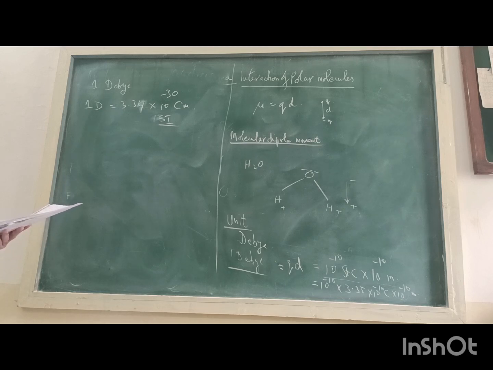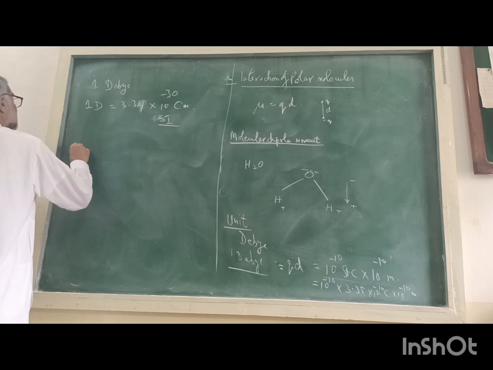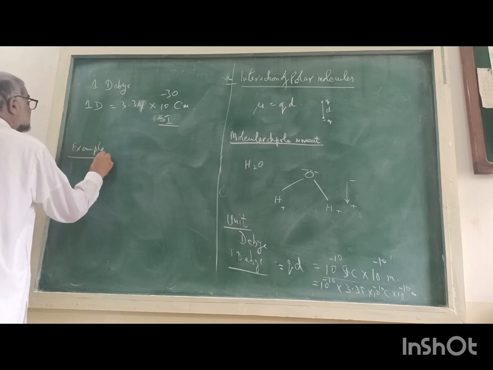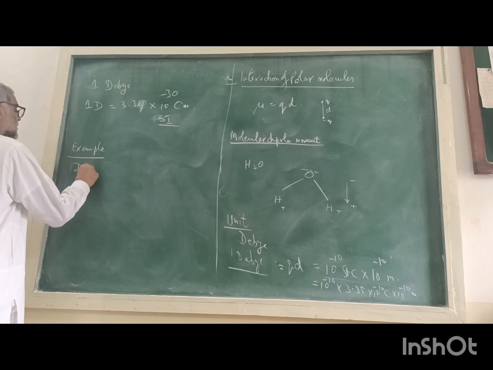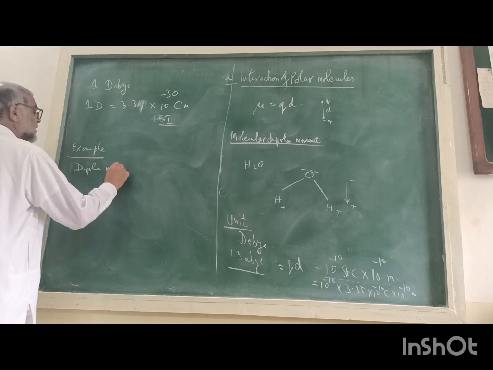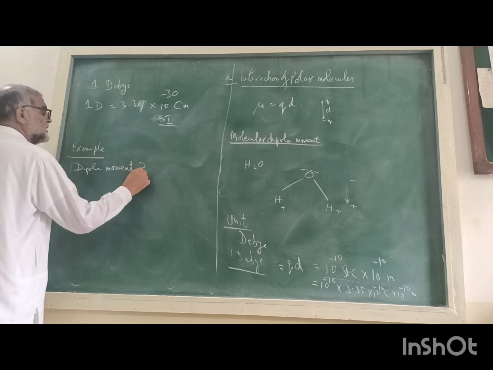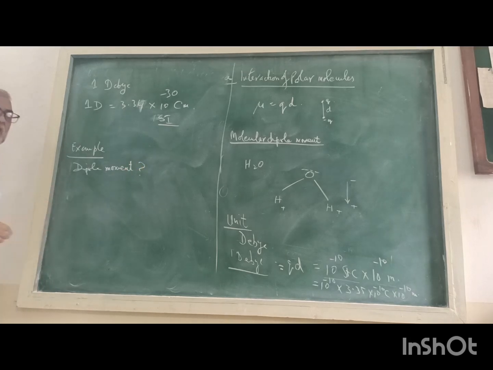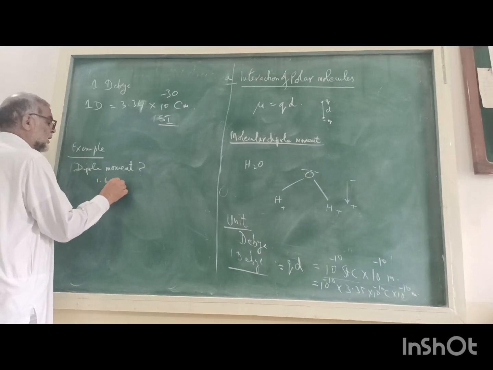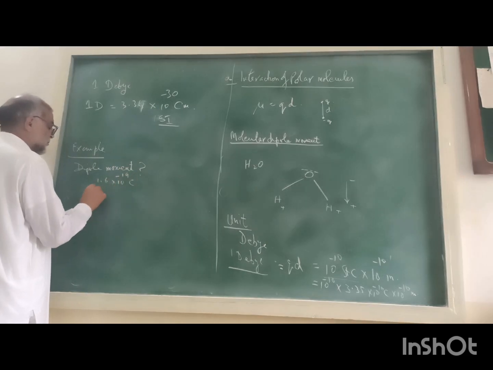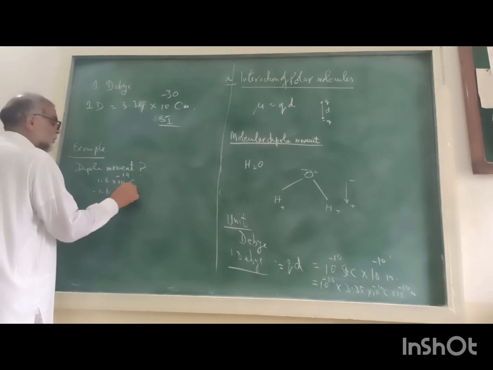Okay, let us do an example, right? Dipole moment. How much is the dipole moment of two charges, 1.6 times 10 to the power minus 19 coulomb and minus 1.6 times 10 to the power minus 19 coulomb?